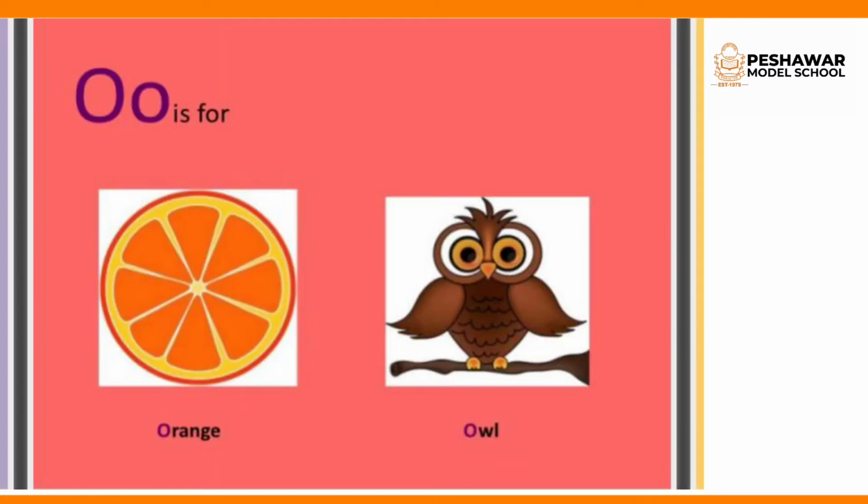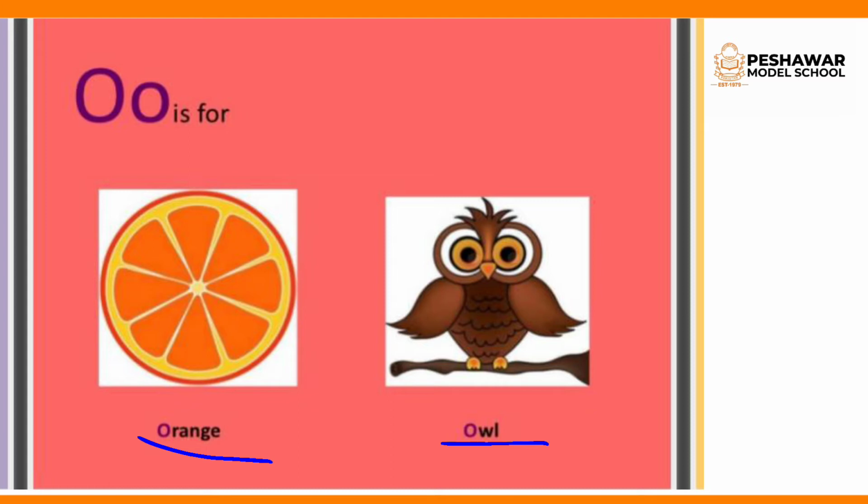Now moving towards our next alphabet, that is O. Capital O, small o. What is the sound of O? The sound of O is similar to the sound of A. Look at the first example, orange. The second one, owl.